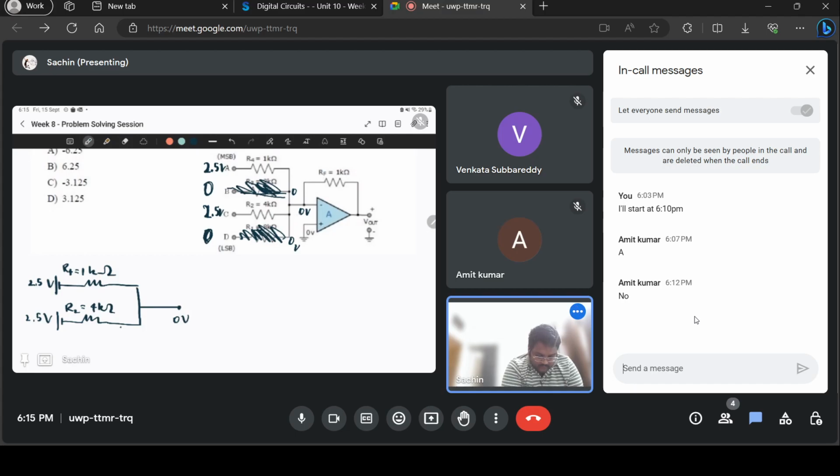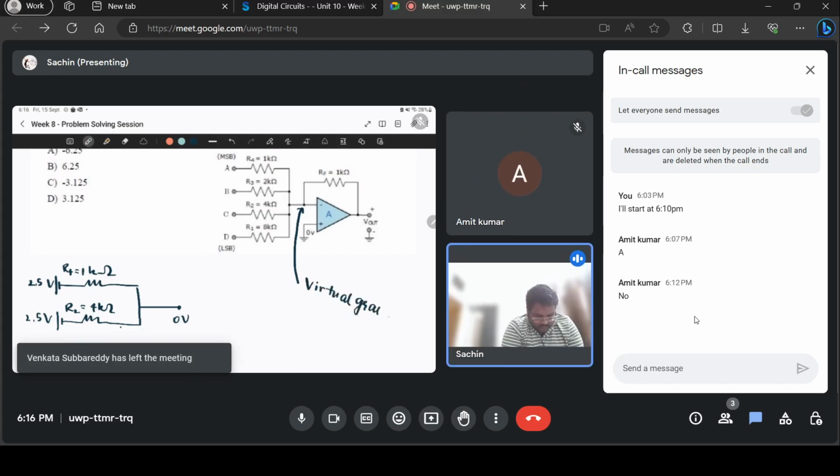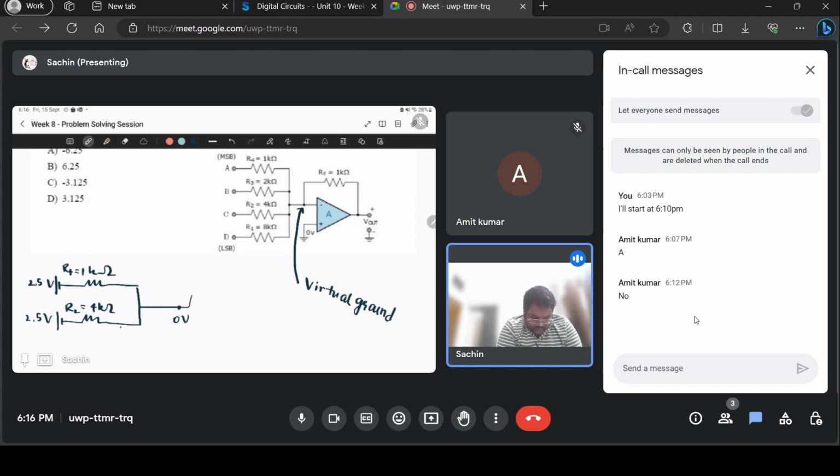Wait, I'll mark it. This concept where both the plus terminal and minus terminal are brought to the same level is called virtual ground. Since plus is connected to ground, 0 volts, you have 0 volts at the negative terminal also. And then you have this RF, that's 1 kilo ohm, and you have V out here.